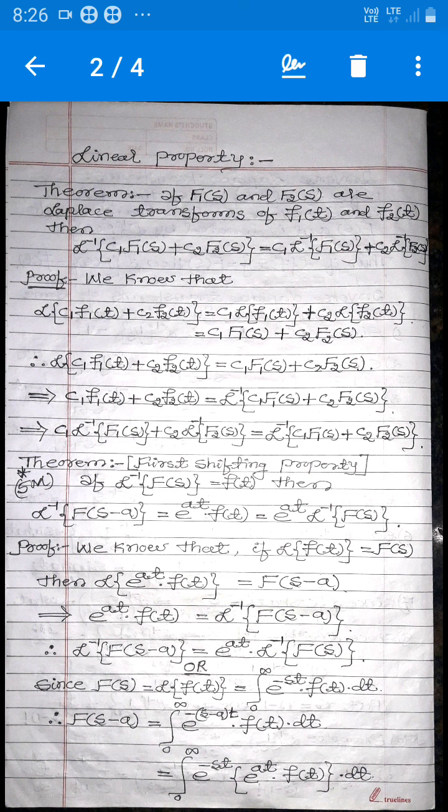Proof. For proving this theorem, we have to use the first shifting property of the Laplace transform. We know that if L of f(t) is equal to F(s), then L of e raised to at into f(t) is equal to F(s minus a).